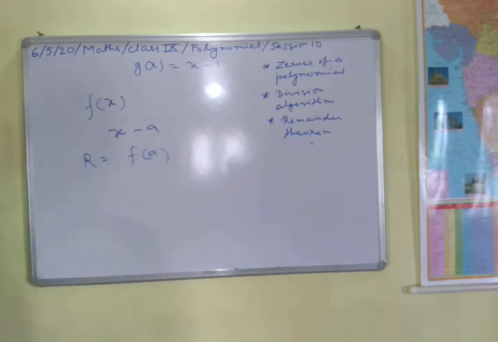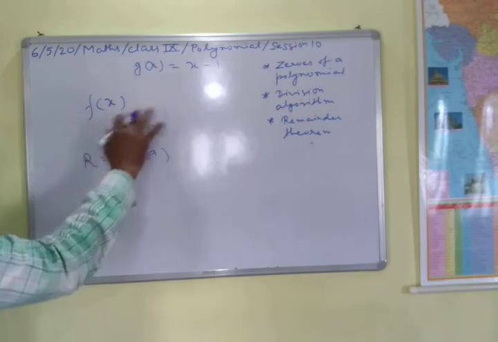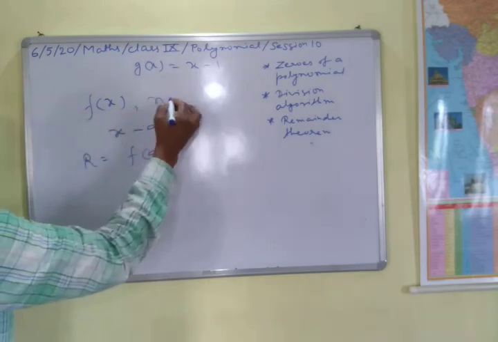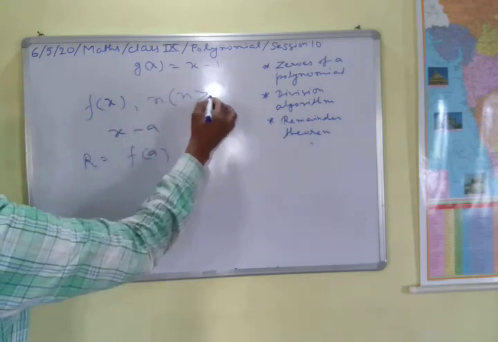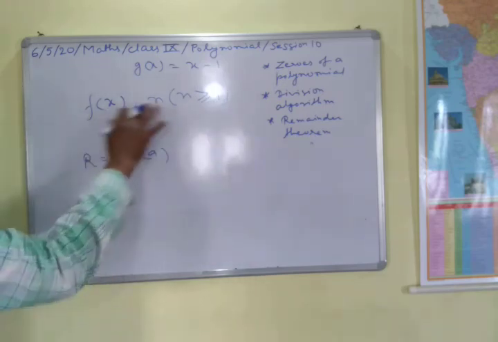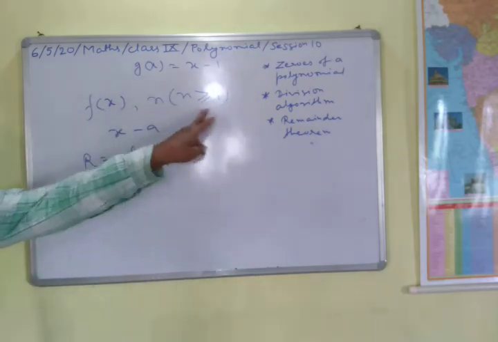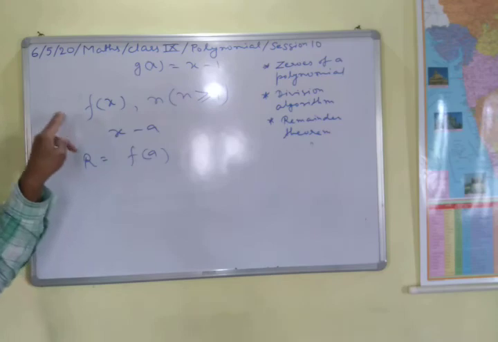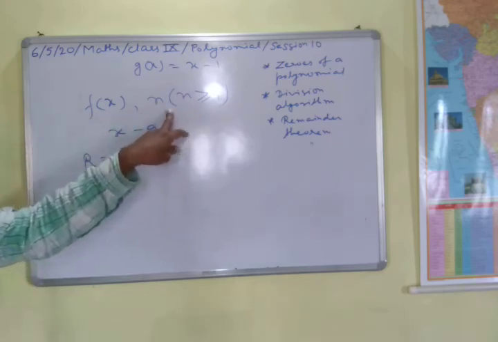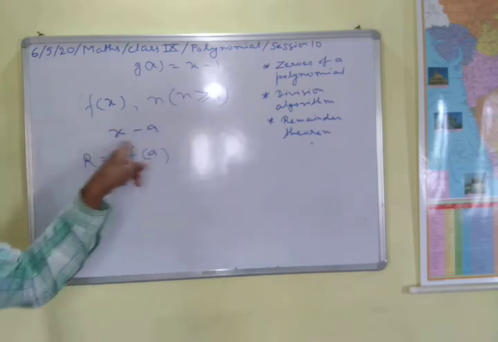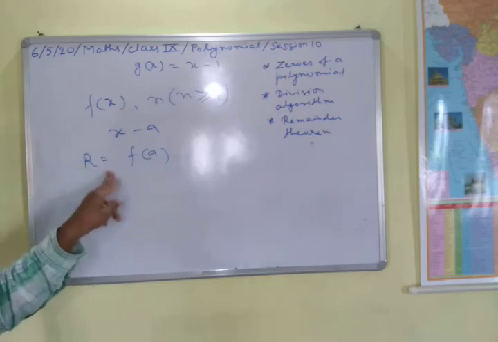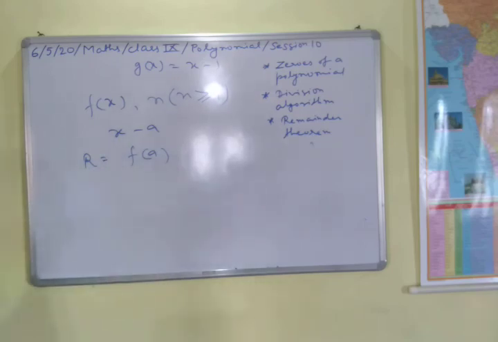This is called the remainder theorem, and this is a polynomial having degree n, where n is greater than or equal to 1, n is a natural number. So f(x) is any polynomial of variable x, and if this is divided by x minus a, then the remainder r equals f(a). So this is called the remainder theorem.